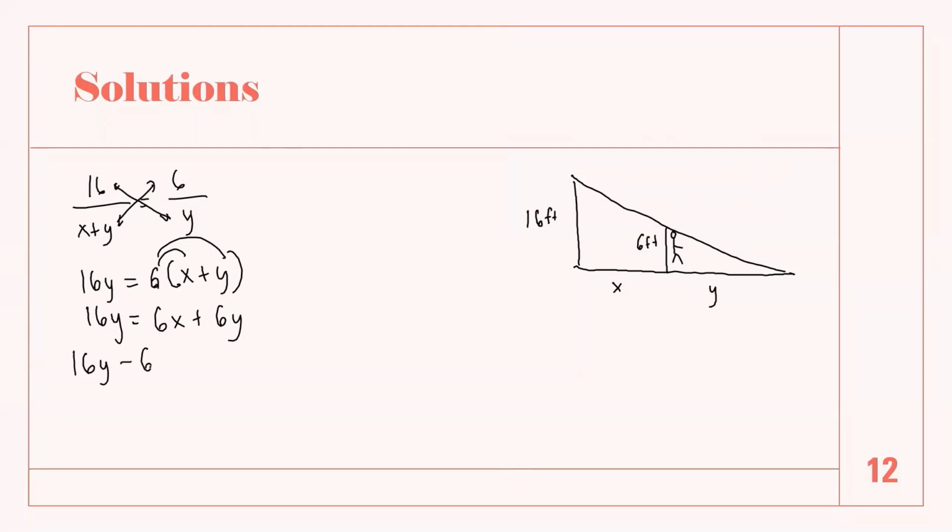So it becomes negative 6y. Then, we're going to retain 6x at the right side. So we're going to simplify until we differentiate it. So differentiating both sides, it will become 10 dy over dt. Since we are differentiating with respect to time, then our x will be dx over dt.